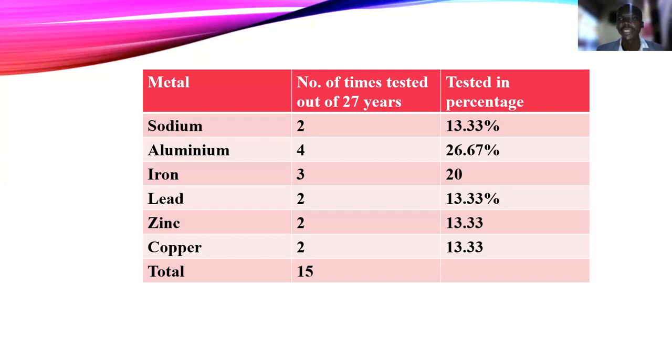So the most tested since that year is aluminium, followed by iron, and the least are sodium, zinc, lead, copper. I'll say the reason why they have not been frequently tested since 1995.